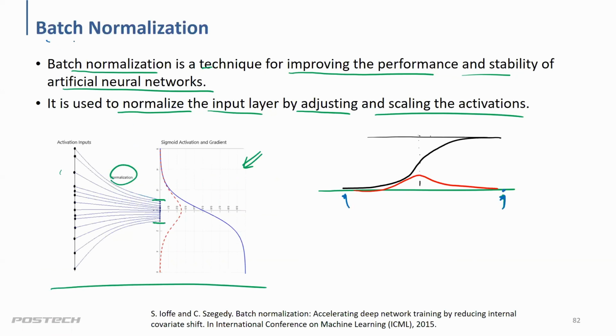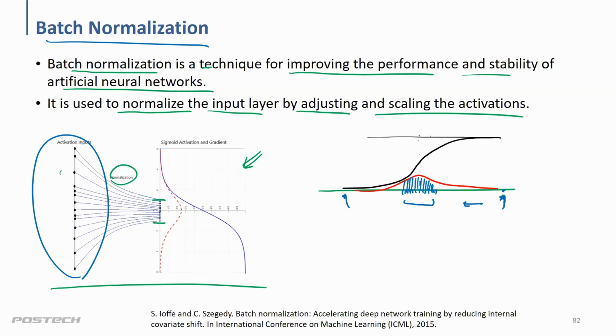If you do batch normalization, you're shrinking all the values around here. The derivative there is smaller than one, but at least it's not vanishing. That's why we try to put all the values around the origin, to avoid the vanishing effect as well.